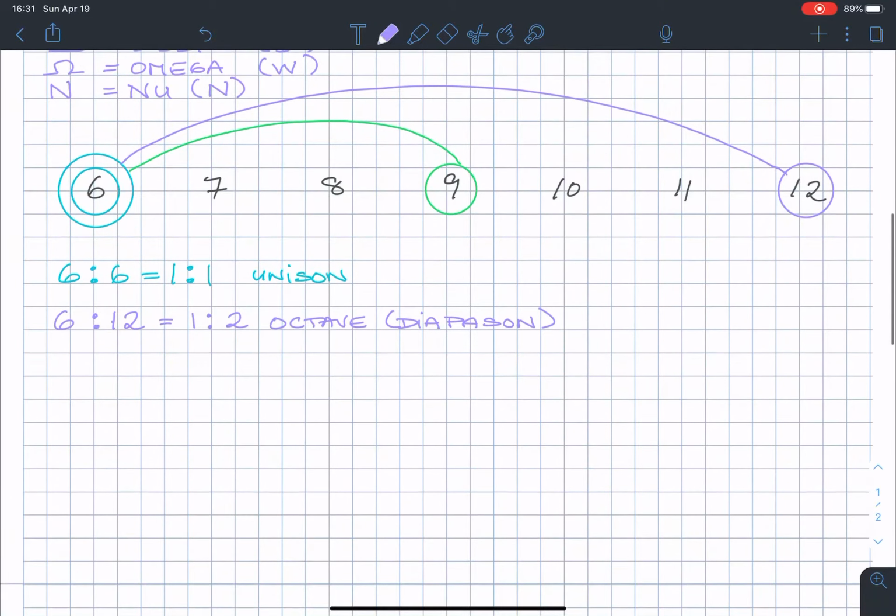That the ratio of 1 to 2 is up an octave. And a ratio of 2 to 1 is down an octave. Okay, so what do I mean by that? Let me move this down here, maybe. Let's say I've got a string.